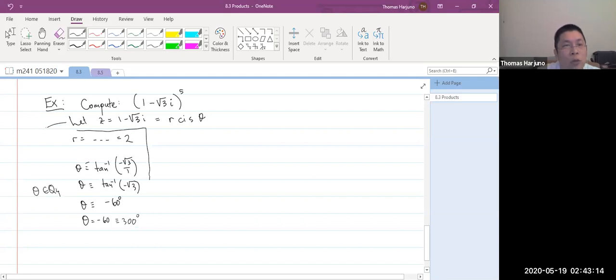I somehow prefer negative 60 though. But let's see. So the r is 2 and the angle is 300 degrees. Then z to the 5th will be 2 cis 300 degrees to the 5th, which according to De Moivre's theorem would be 2 to the 5th cis 5 times 300 degrees.